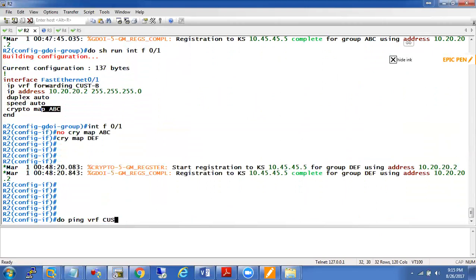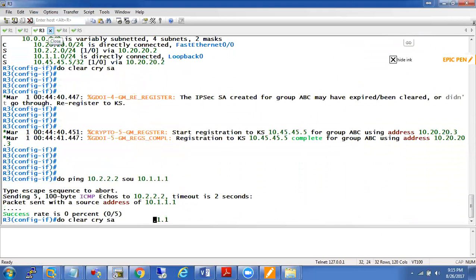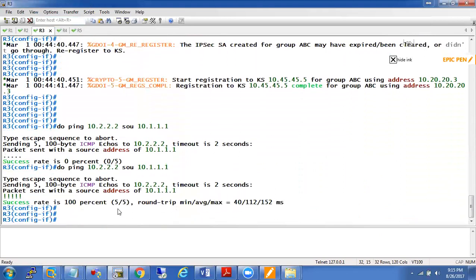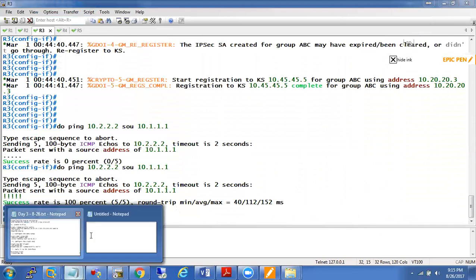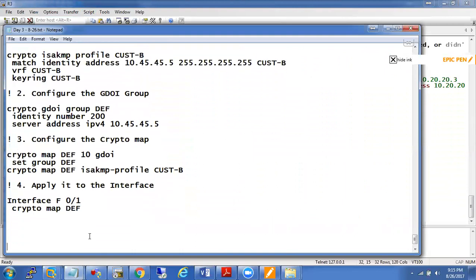Ping VRF, cust B. There you go. I had applied the wrong one. Over here, let's fix this. This was a problem. And that is the one that you need to be careful about.